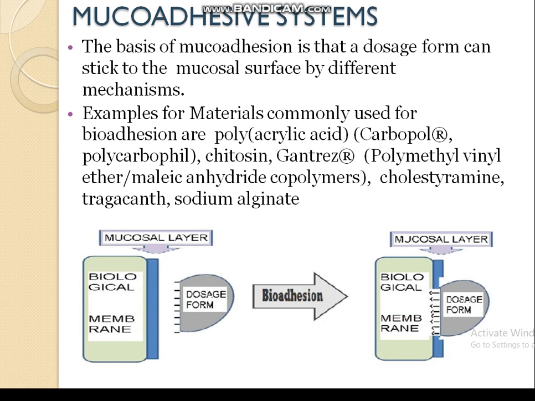Some common examples of materials used for bioadhesion, or mucoadhesion, are polyacrylic acid, carbopol, chitosan, polymethyl vinyl ether, sodium alginate, tragacanth. All these can be used in the formulation of mucoadhesive systems.